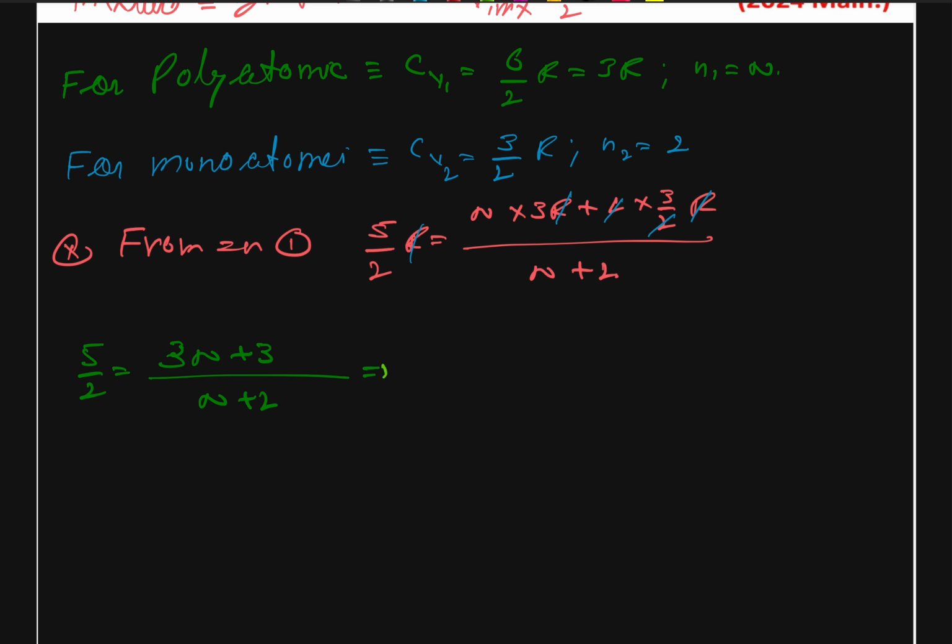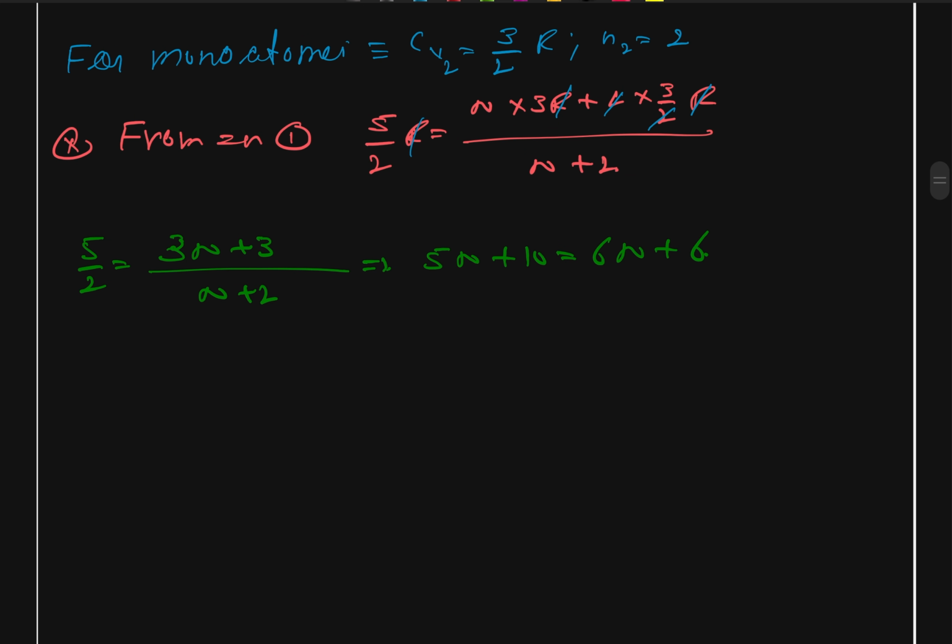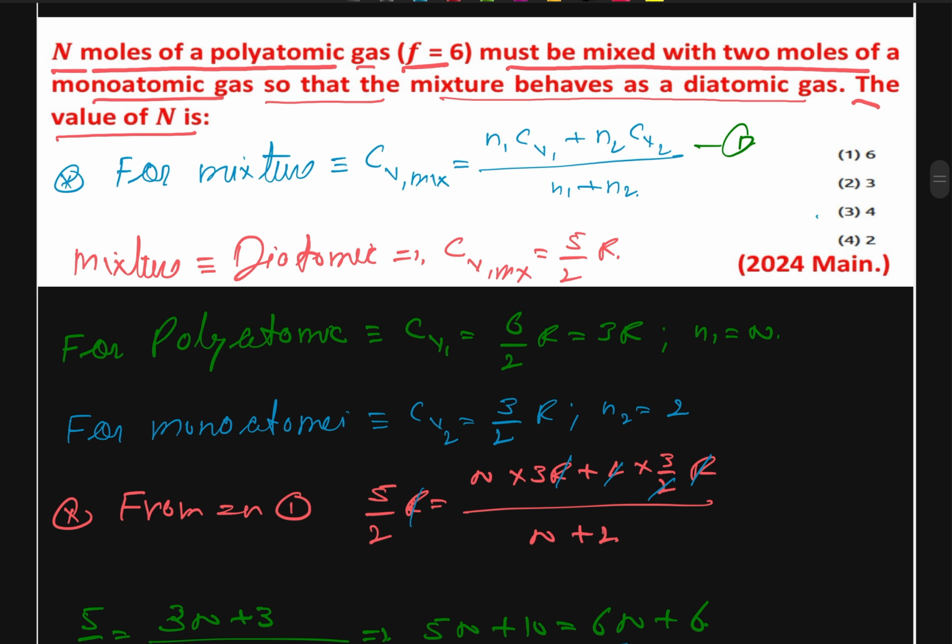Now it is quite simple mathematics. We cross multiply, and we get 5N plus 10 is equal to 6N plus 6. Moving terms across, N will be equal to 4. So option number 3 is correct.